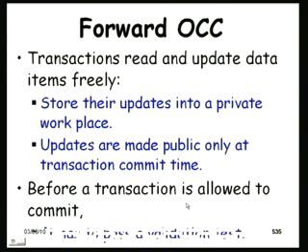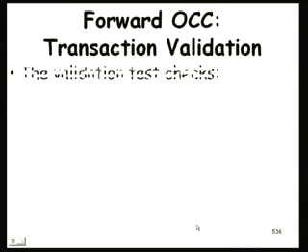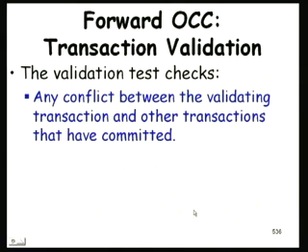And before a transaction is allowed to commit, a validation test is conducted. Now, what if there is a problem in the validation test? The validation test checks the conflict between the validated transaction and the other transactions which have already committed, because for transactions which have already committed, nothing can be done due to the durability property.